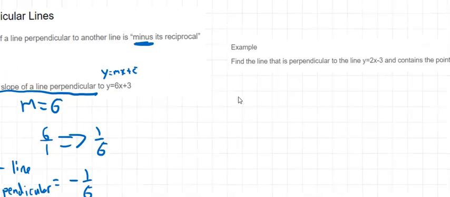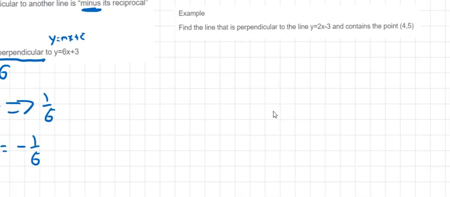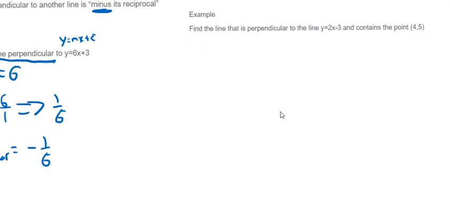Looking at the second example, minus the reciprocal is the thing you need to think of straight away when you see the word perpendicular in these coordinate geometry questions. Find a line that is perpendicular to the line y equals 2x minus 3, and contains the point 4, 5. So we're given two pieces of information about this line.